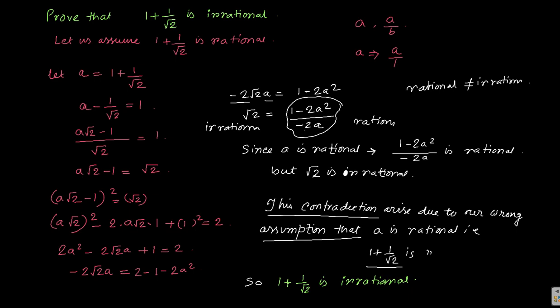Now this is something different from the previous one, so we can take another example. Prove that 5 minus 2 by 7 root 3 is irrational. It is not difficult, it is very easy.